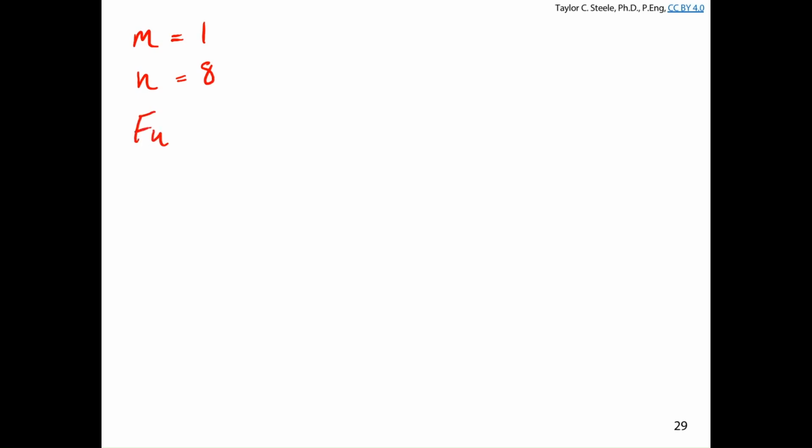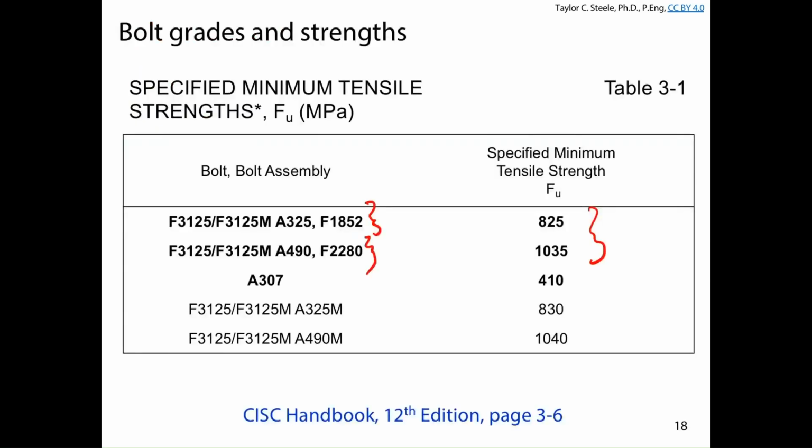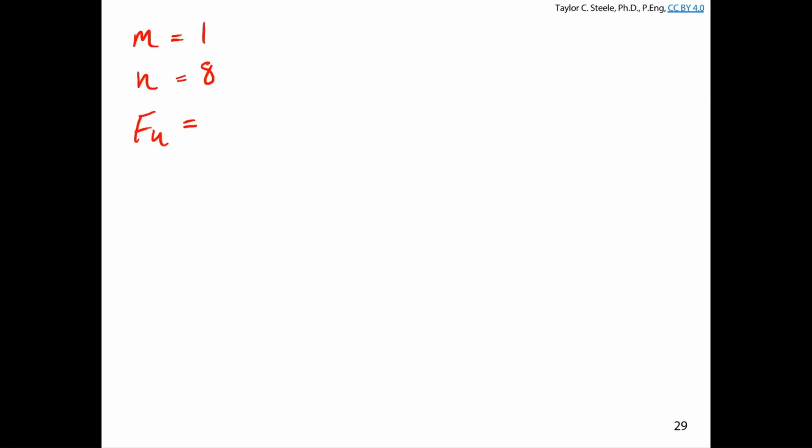In terms of FU, it's not 450 MPa for the bolts. We're looking at the strength of the bolt material itself. For imperial A325 bolts, we're going to be using a tensile strength of 825 megapascals. Okay, the diameter of the bolts is 5/8 of an inch.